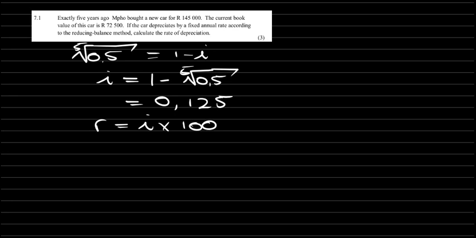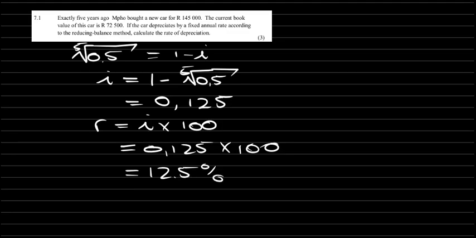So we need to do the reverse, which is 0.125 multiplied by 100, and that equals 12.5%. That is the rate of depreciation for the vehicle if its principal amount, we bought it for 145,000 Rand, and the book value after 5 years is 72,500 Rand.